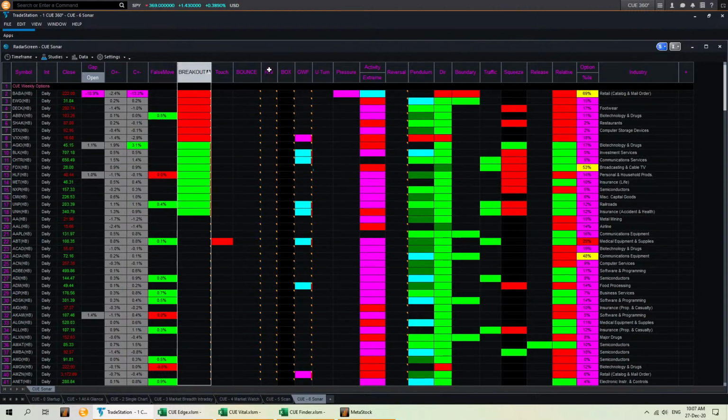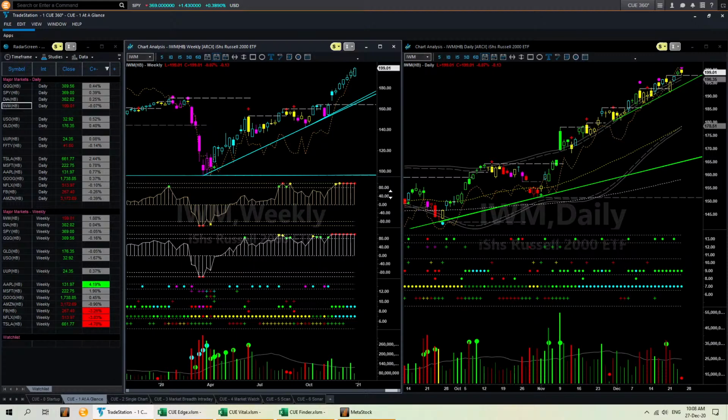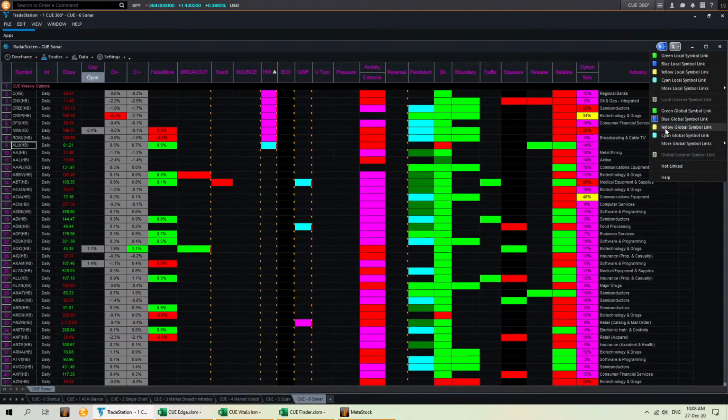Let's look at the headwind, and we saw XLU, the utilities ETF, is giving a bullish headwind. So I clicked on the ticker symbol XLU. All my workspaces are okay, not linked with this color. Let me link with the yellow color.